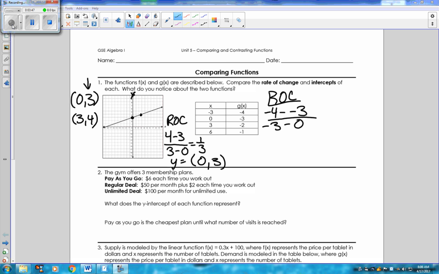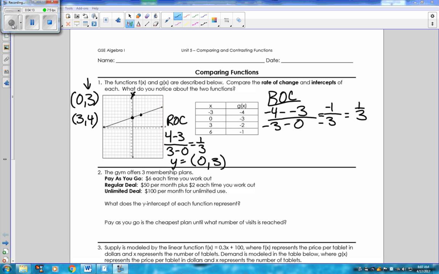Negative 4 minus a negative 3. What does that give me? What is negative 3 minus 0? Negative divided by negative is a? So that gave us 1/3.